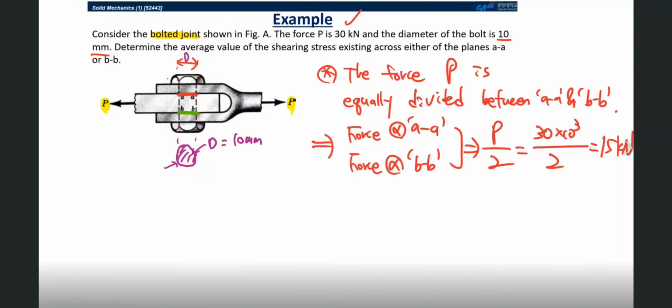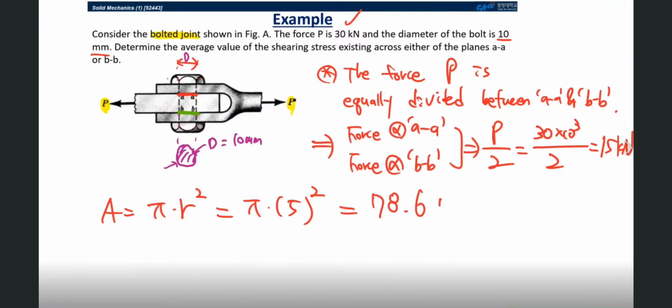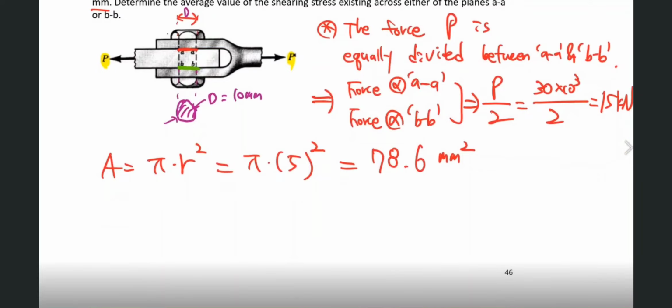Then we can define A is equal to pi R square, and R is 5 millimeter in this case. So pi multiplied by 5 square. This should be 78.6 millimeter square.